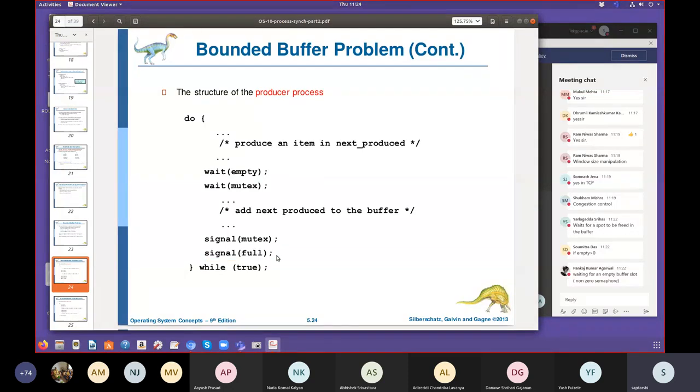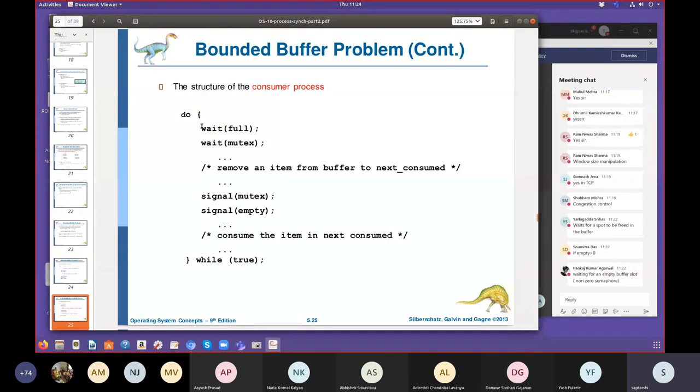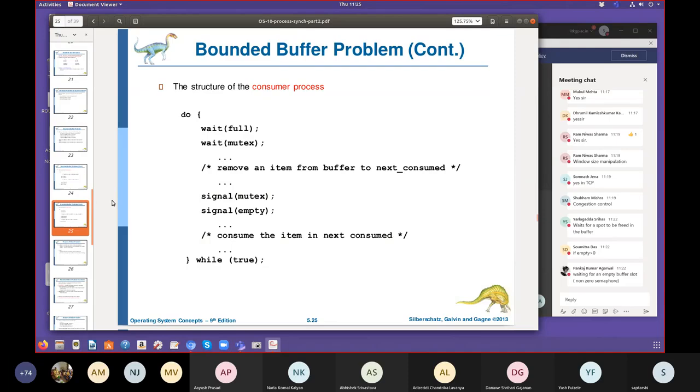That is what the consumer is waiting for. Once it gets that, it waits for mutex, then it removes the item, then it signals mutex and then signals empty. So this is the structure of the producer and consumer. Any questions?